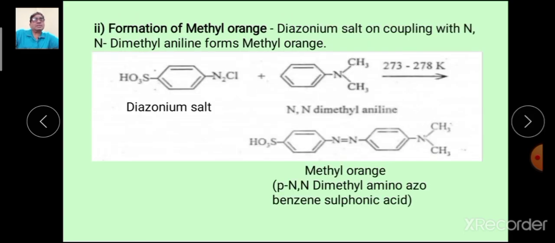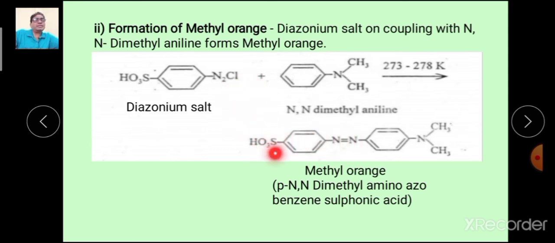This diazonium salt is coupled with N,N-dimethyl aniline, and methyl orange is formed. HCl is removed and N double bond N is formed.